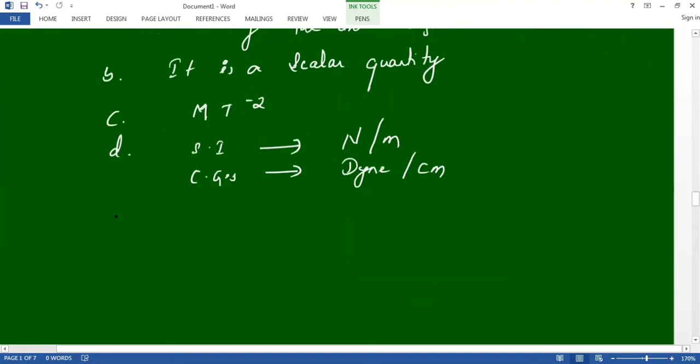Let's write the last point on the properties of surface tension.